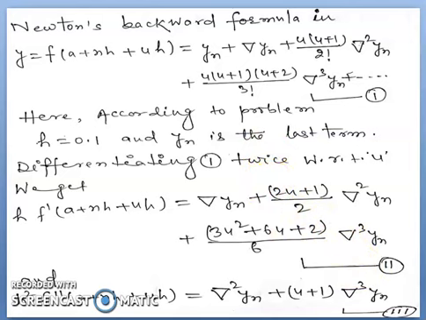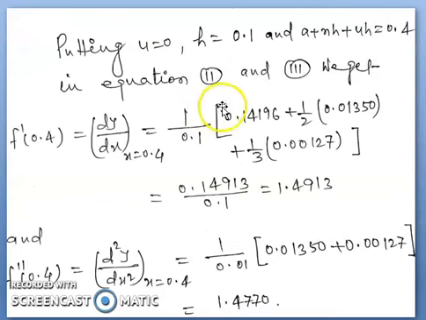Then we put the value of u equal to 0 and h equal to 0.1 and a plus nh plus uh equal to 0.4 in equations 2 and 3. From equation 2 we get the first derivative, and from equation third we get the second derivative. So this is the process of numerical differentiation by the Newton backward difference formula. Thank you.